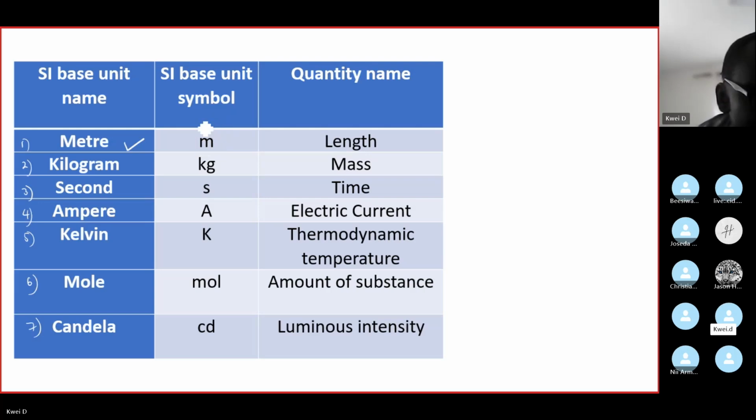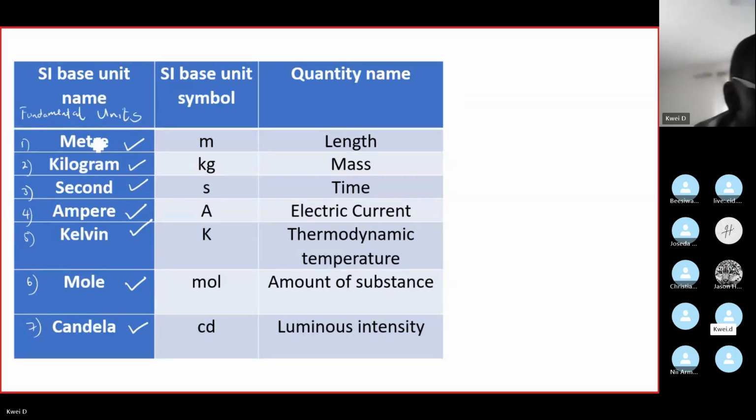We have the kilogram, the symbol is kg. We have the second, the ampere, the kelvin, the mole, and then we have the candela. So these are the fundamental units.